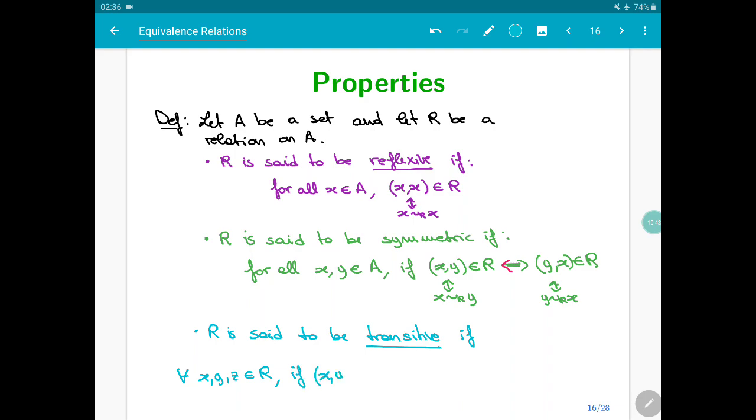If (x, y) belongs to R and (y, z) belongs to R, then (x, z) belongs to R. Okay? So if x, y are in relation and y, z are in relation, also x and z are in relation. Okay, we are going now to examine these properties one by one to understand better what they mean.